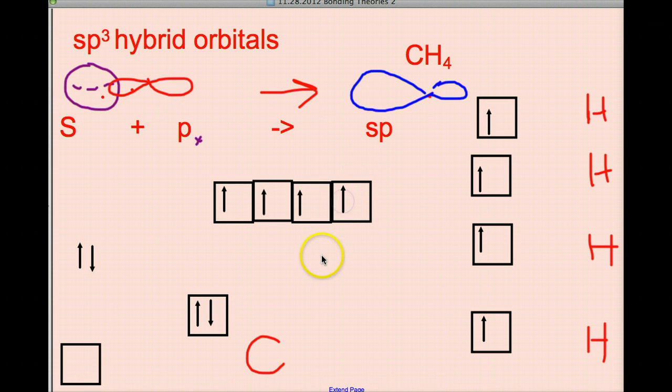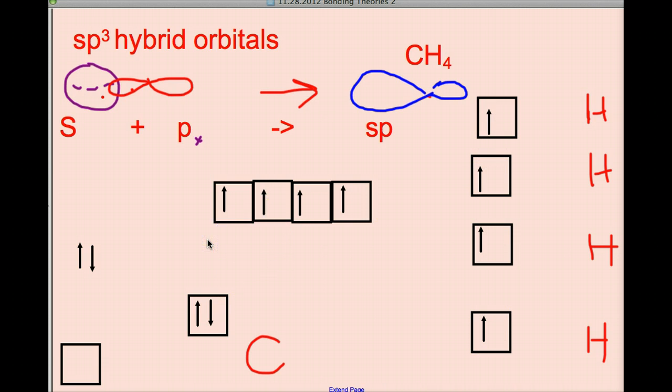And so now what we see is that we have created an sp orbital. So the s came from here and the p comes from here. Right? And so now this gives us an opportunity to let these electrons share.